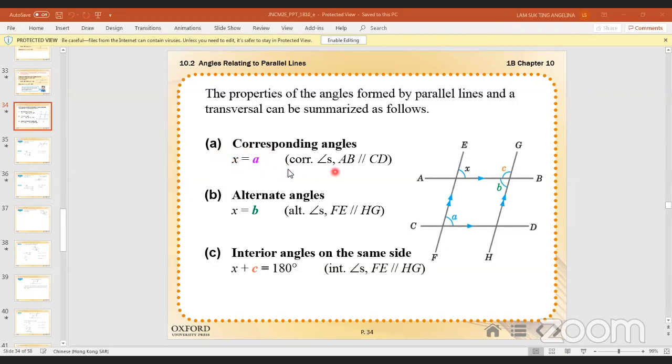If there are parallel lines, make sure you pay attention to this point. These two angles are equal: X and A are equal when AB and CD are parallel. If they are not parallel, they may not be equal.